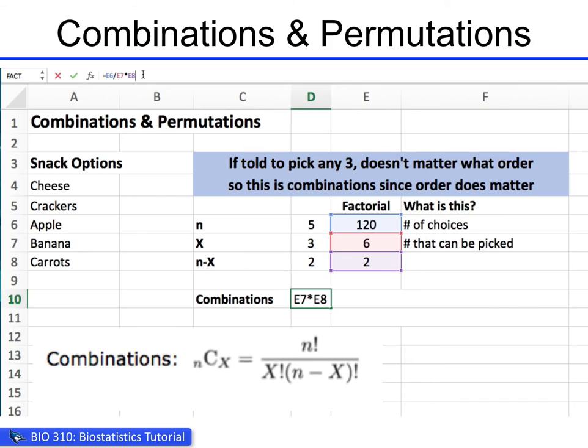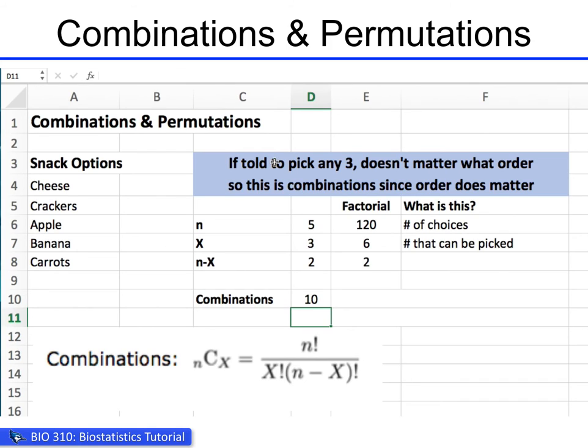So what's happening here is E6, 120, is being divided by x factorial, which is 6, and then that whole fraction is being multiplied by n minus x factorial. So we need to make sure that we put those parentheses in the right places because it's very easy to make a mistake. Okay, so use parentheses liberally so that you can avoid making those mistakes. Alright, so the number of combinations is 10.